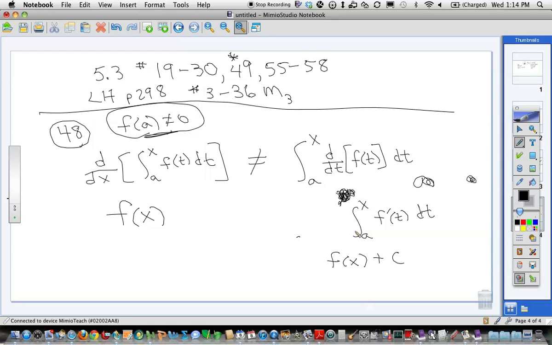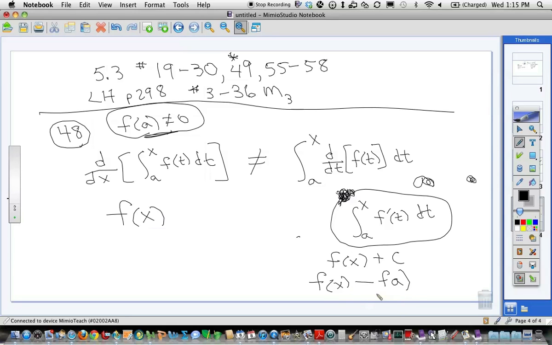Now, let's look at this from one other perspective. Think about this new thing we learned with Fundamental Theorem Part 2, because we can actually use that even when there are x's here. We can write it using Fundamental Theorem Part 2. Let's do the antiderivative of f prime, which would be F, and then plug in an x, so that'd be F of x, minus the antiderivative F, plug in an a.